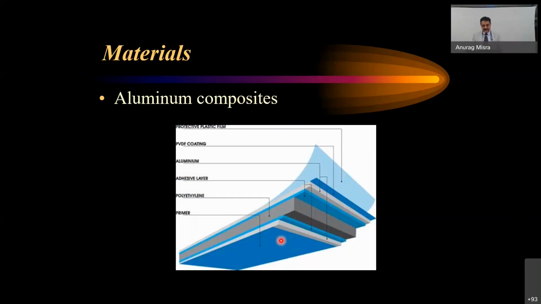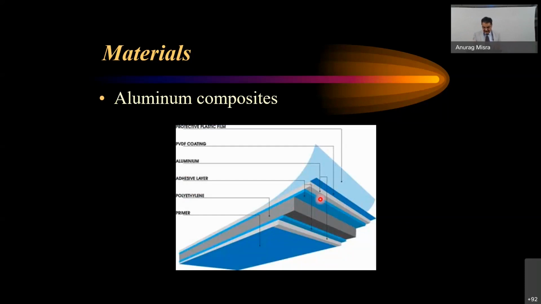Then we are going with the aluminum composites, where some insulating material is inside, and then you have the aluminum sheet on both the sides. So this is sandwiched, and then you provide the coating which actually suits you. It is making it durable, and also you're improving your aesthetic appearance.